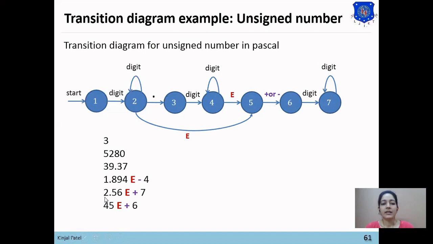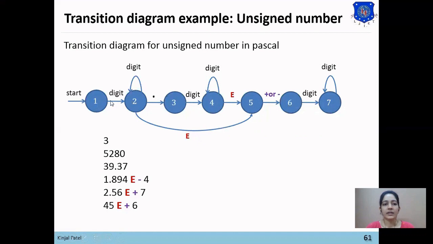It's not necessary that an exponential number must have a fractional number only. It can be an integer. So we will transfer directly from the integer to e on state 5, which will generate, for example, 45e raised to plus 6.